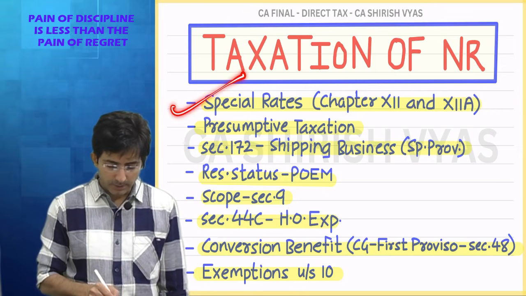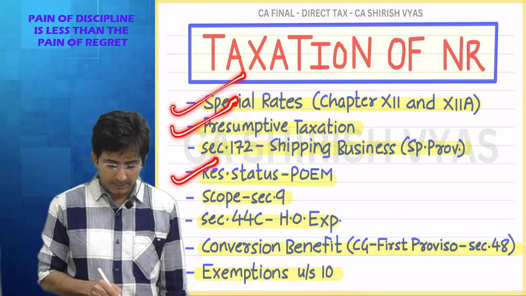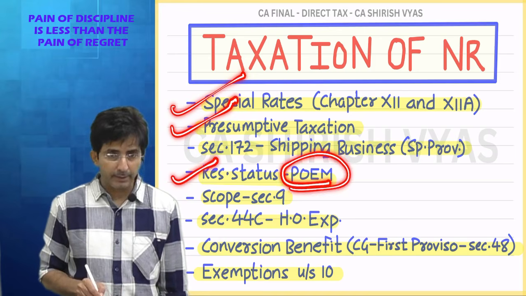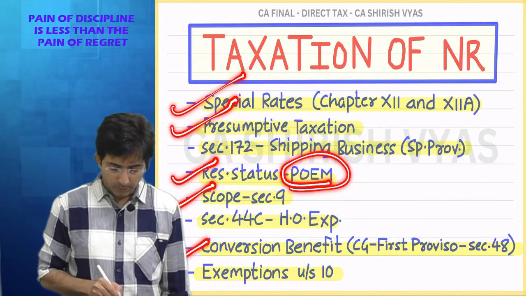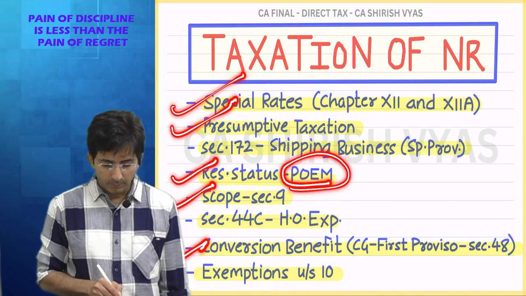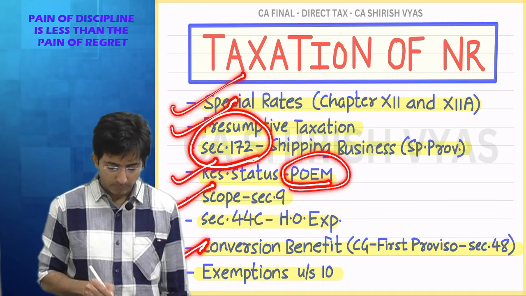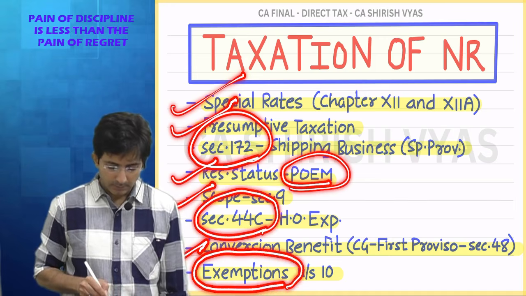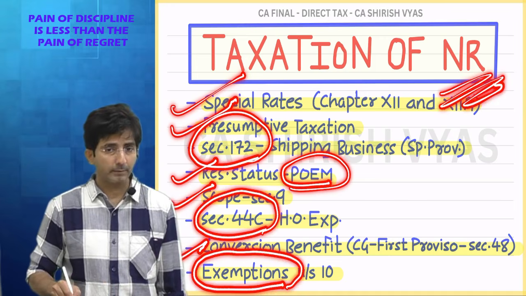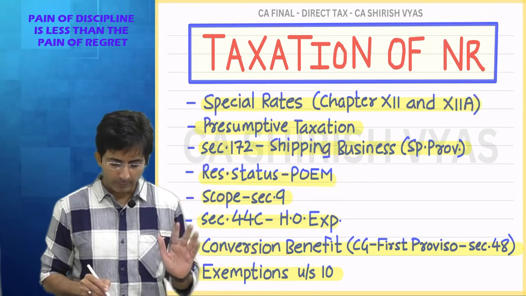We have done special rates, presumptive taxation we have done, resident status, POEM concept I have explained, and then Section 9 we have done, income deemed to accrue in India, and conversion benefit is already done. Now what is remaining in this chapter? Section 172, Section 44C and certain exemptions which are dedicated for NR under Section 10. Okay, 3 things are remaining. So I'll take one by one.